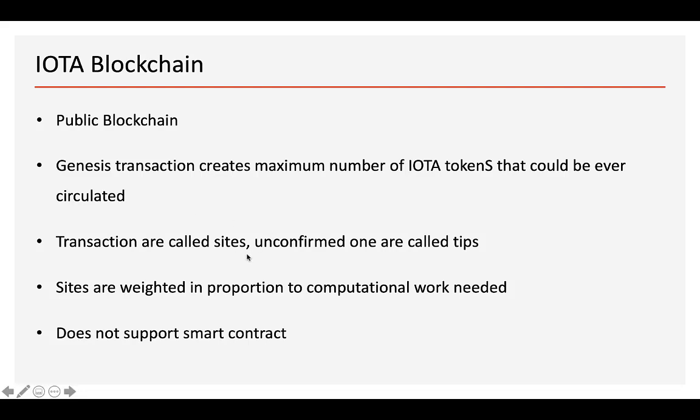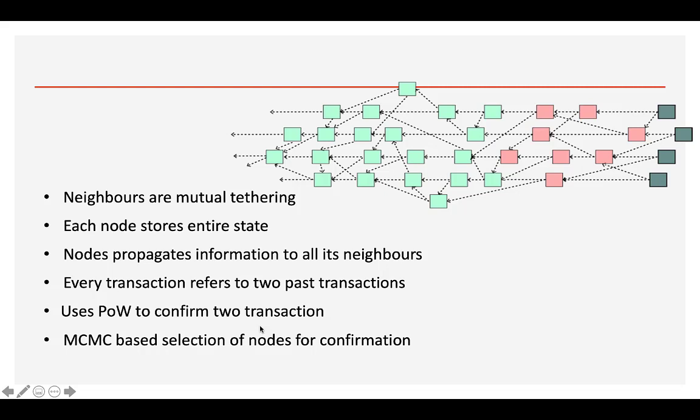Transactions are called sites, unconfirmed transactions are called the tips. We saw the tip selection algorithms, and sites are weighted in proportion to the computational work needed, and therefore we saw this idea of the confirmation confidence, and it does not support any smart contract. The neighbors are basically transactions which are tethered to each other. Each node stores the entire state.